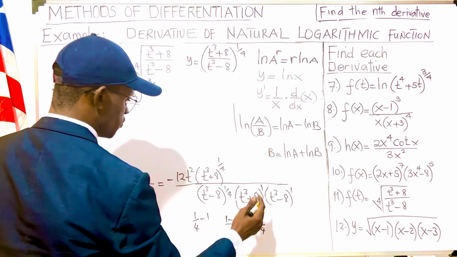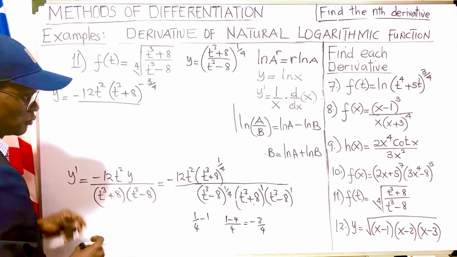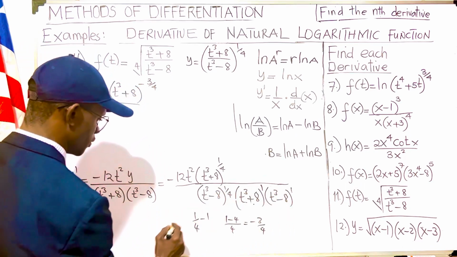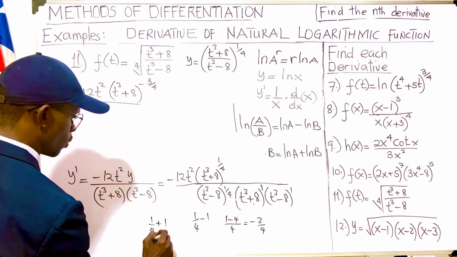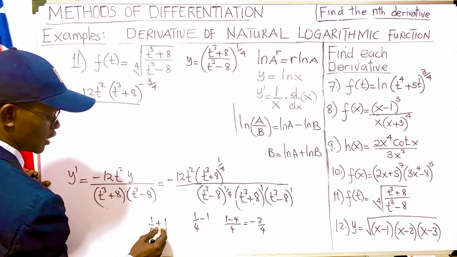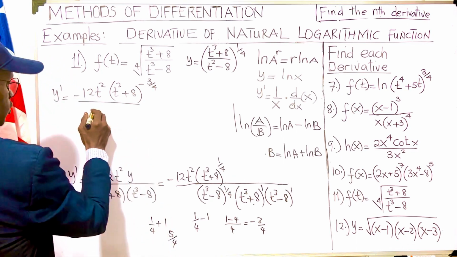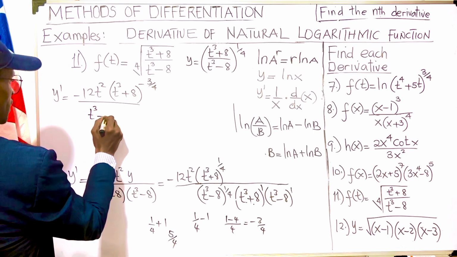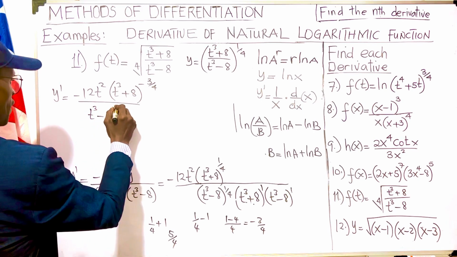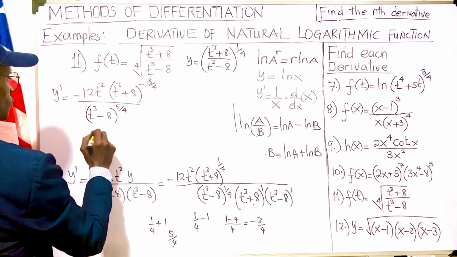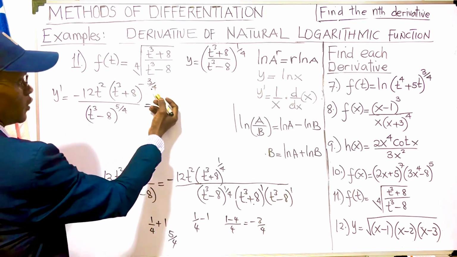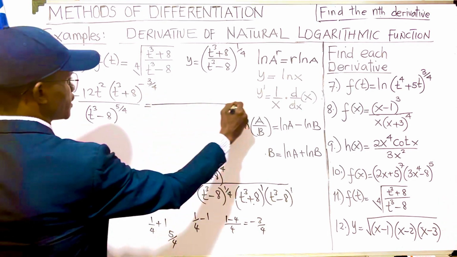The powers are the same, so we must add them. If we add them, it will be 1 over 4 plus 1. So 4 times 1 is 4, plus 1 is 5 over 4. So that will be t cubed minus 8 raised to the power 5 over 4. This power is negative, so we can reciprocate.